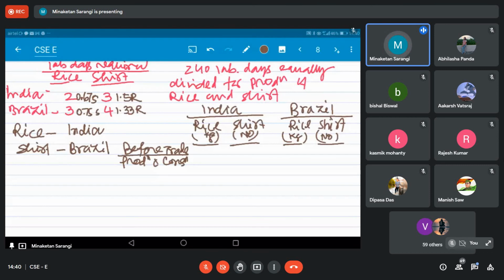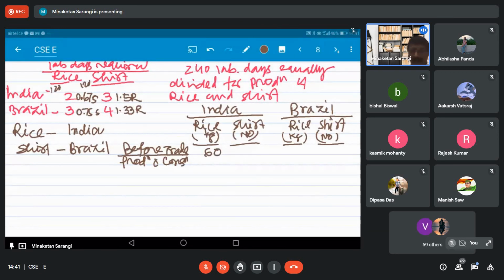We have now 240 labor days. We say equally divided. Here 120, here also 120. Utilizing 120, India can produce 60 kg of rice and consume this 60 kg of rice.